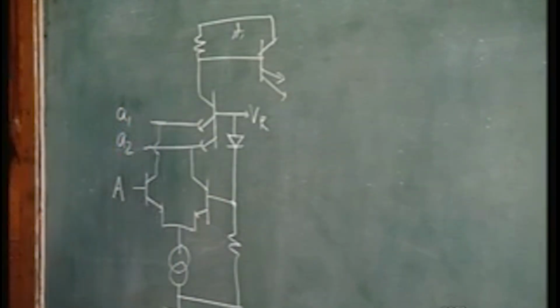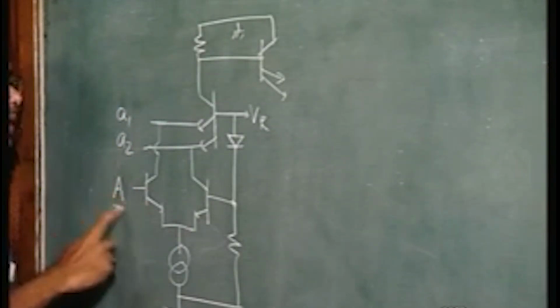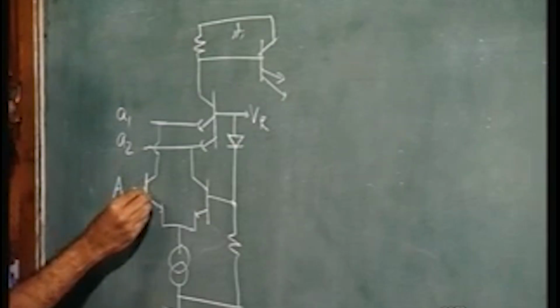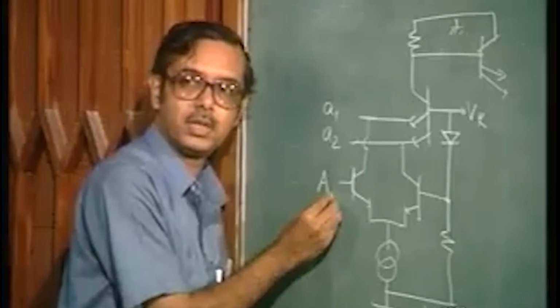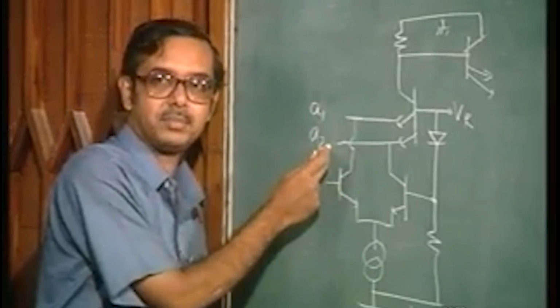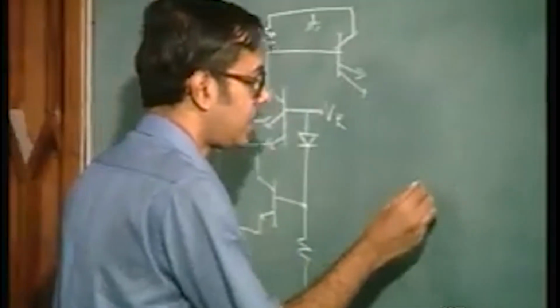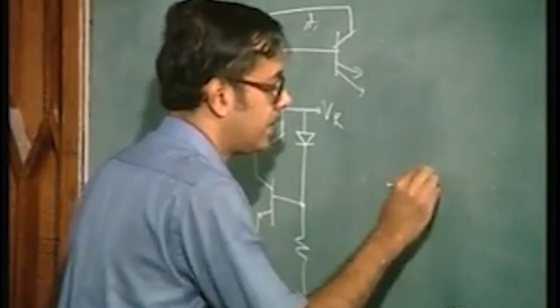The capital A is actually called the control input. These inputs here at the base of this transistor are called the control input, whereas these inputs small a1 and a2 are called the direct inputs. That is the name, and the circuit configuration is like this.